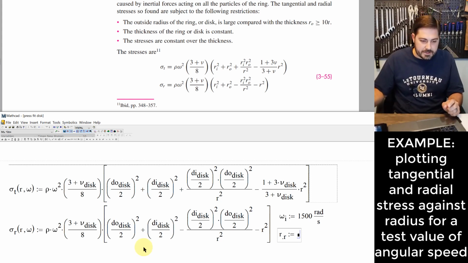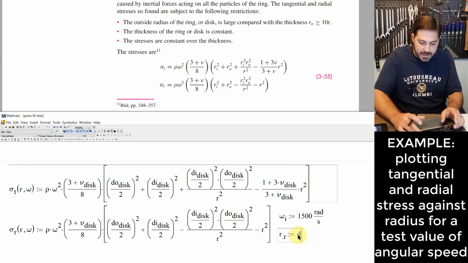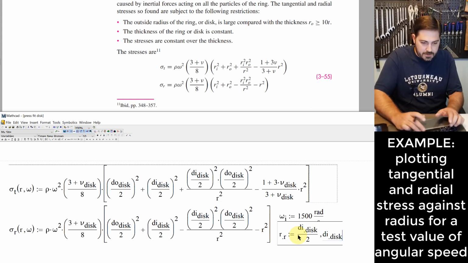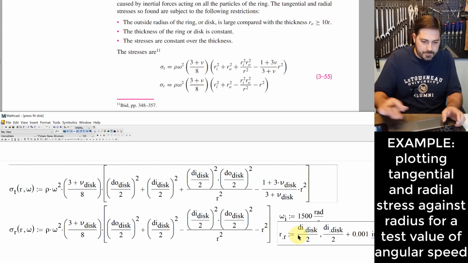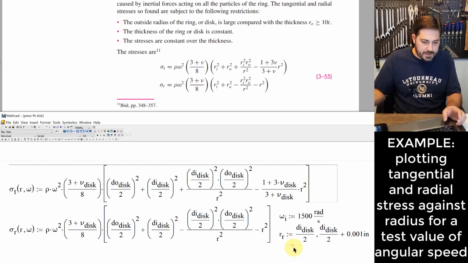So if we think about this, r should start where I have di for the disk over 2, right? The next value I'm going to use is actually that same thing again, di for the disk over 2, but add a little tiny bit. Okay, I'll add a little tiny bit onto that.